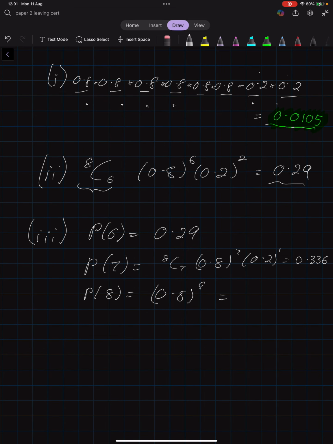And that's going to be 0.168. So if I do 0.168 plus 0.336 plus 0.29, the total probability that she'll score 6 or more is 0.794. Like that. Okay, so that's that.